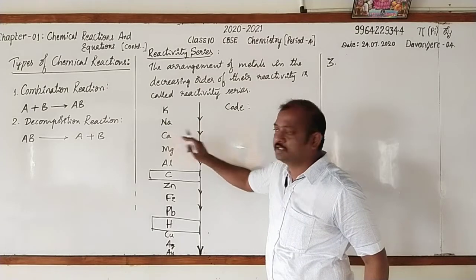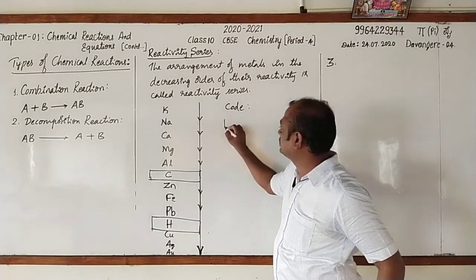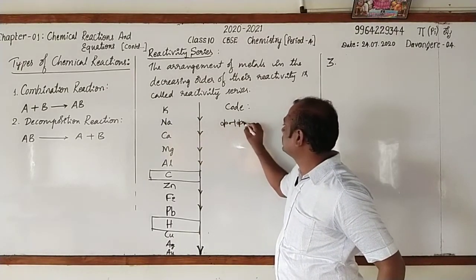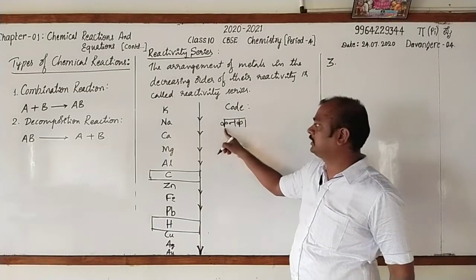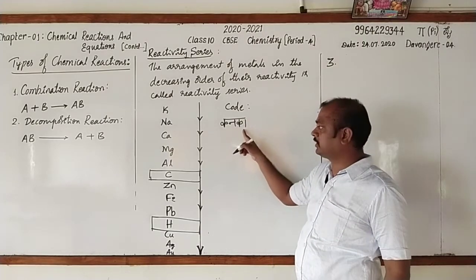K, Na, Ca. See that? It is Kanaka. K, Na, Ca. Kanaka.